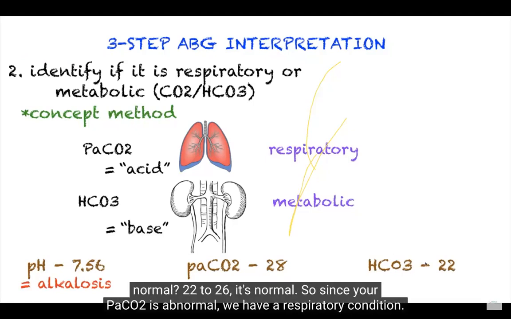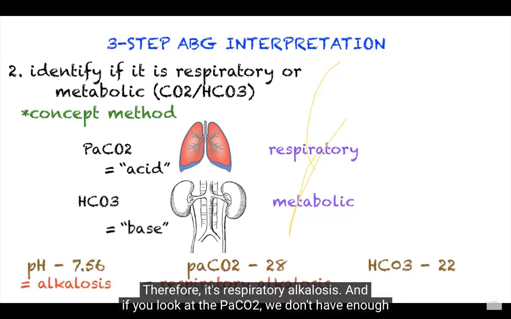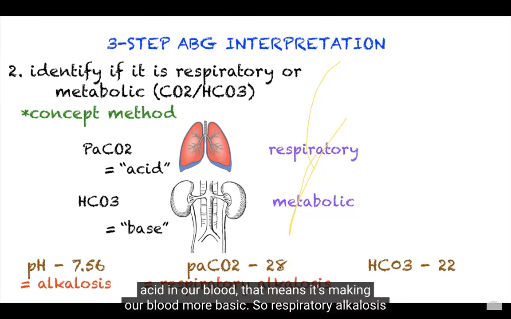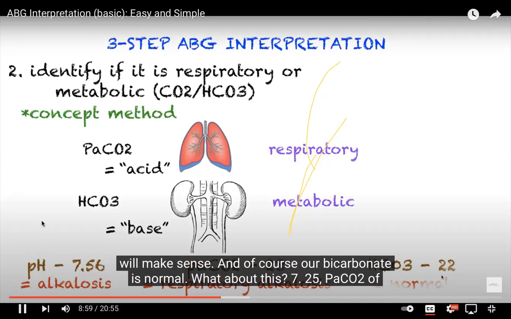Is this normal? 22 to 26? It's normal. So since your PaCO2 is abnormal, we have a respiratory condition. Therefore, it's respiratory alkalosis. And if you look at the PaCO2, we don't have enough acid in our blood. That means it's making our blood more basic. So respiratory alkalosis will make sense. And of course, our bicarbonate is normal.